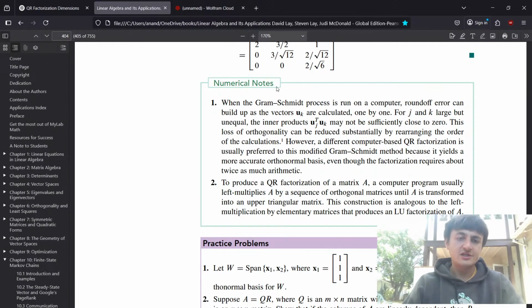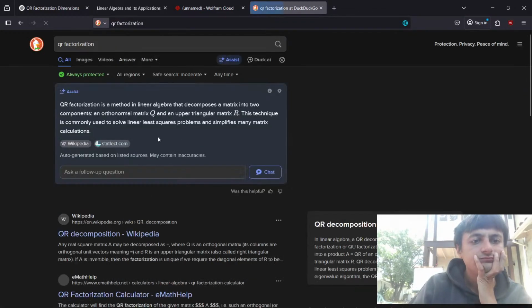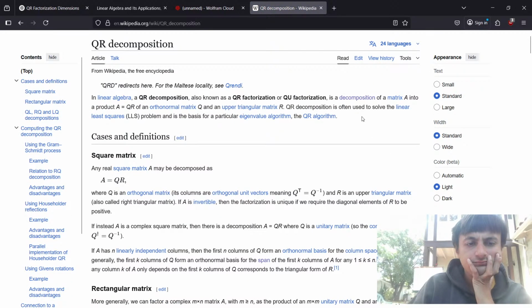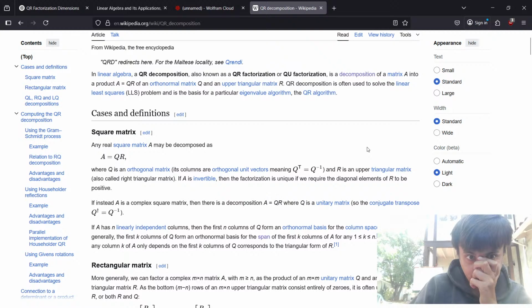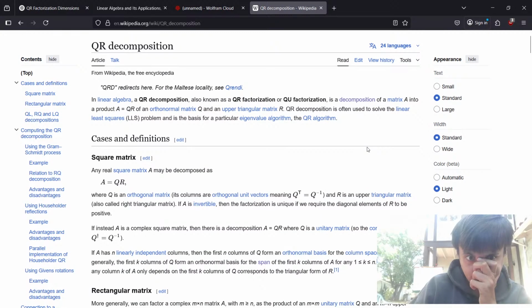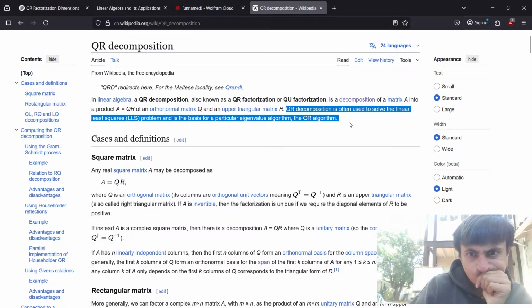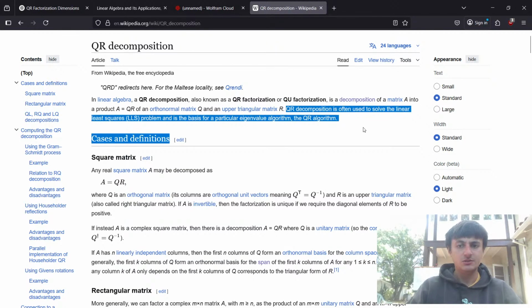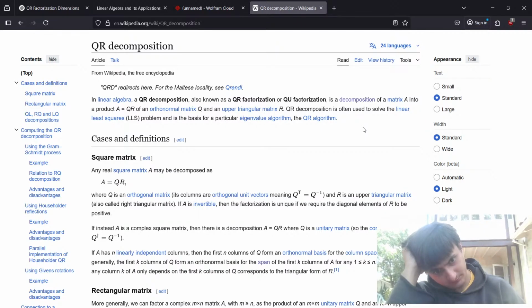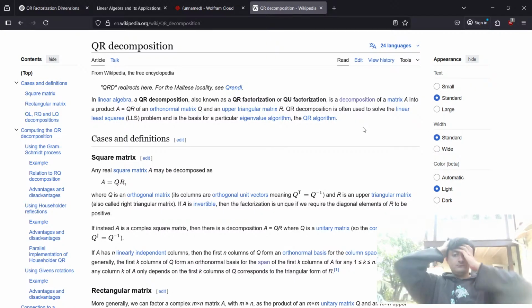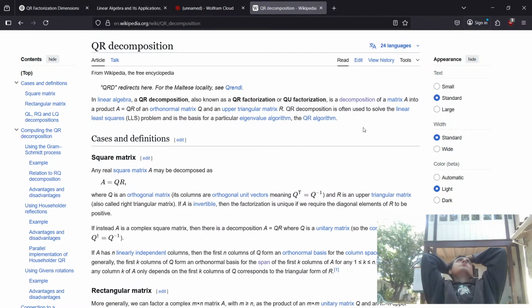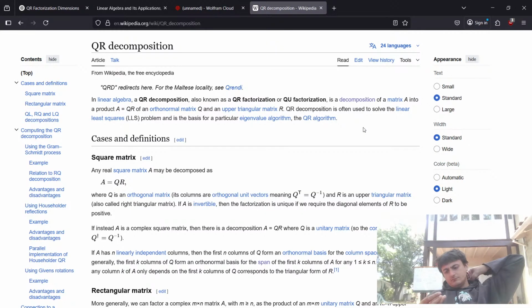So what's the point of QR factorization, though? Oh, okay. So the point is for least squares.